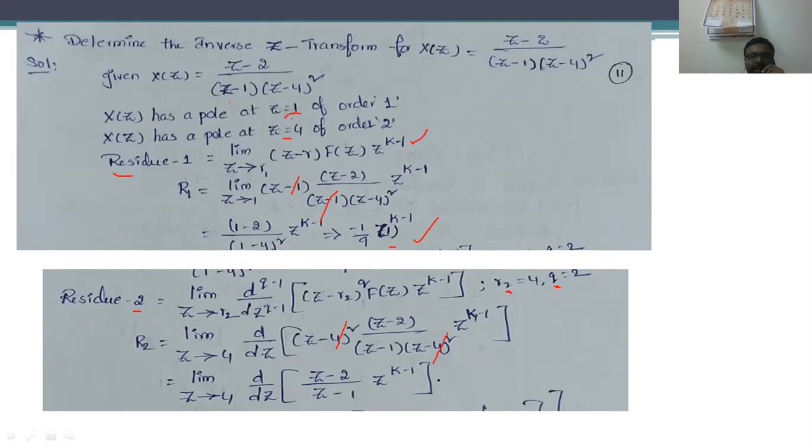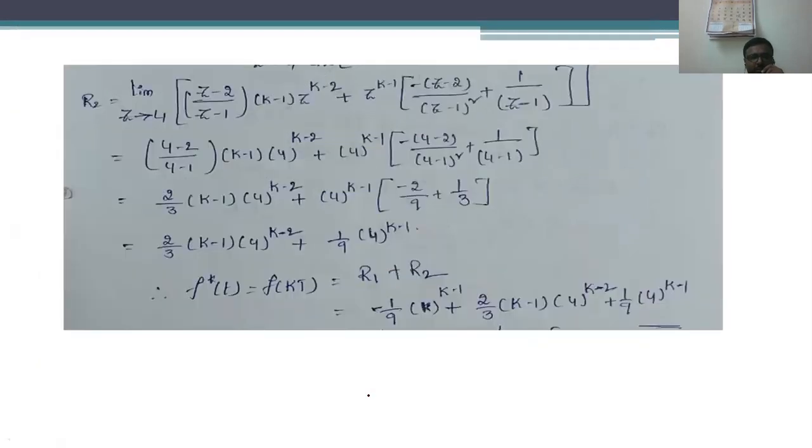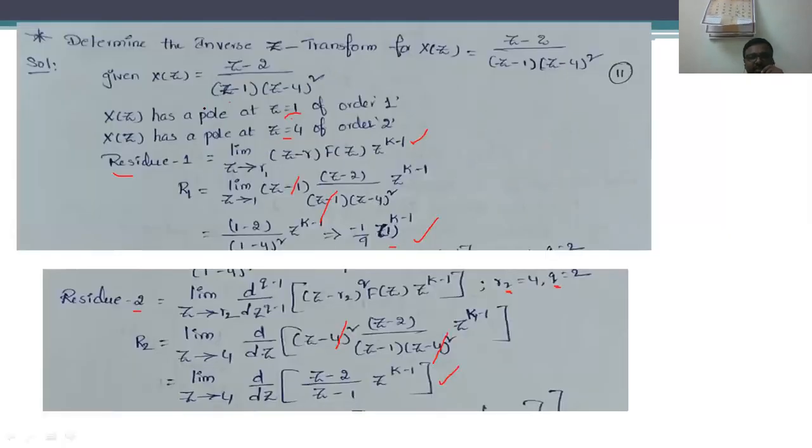So we have to apply the differentiation for this function, and we have to apply the limit value. That means we have to substitute the z value as 4. First, initially we have to differentiate this particular expression.